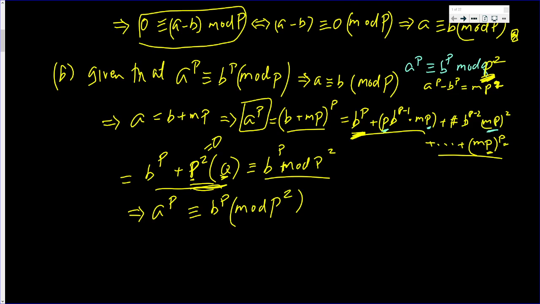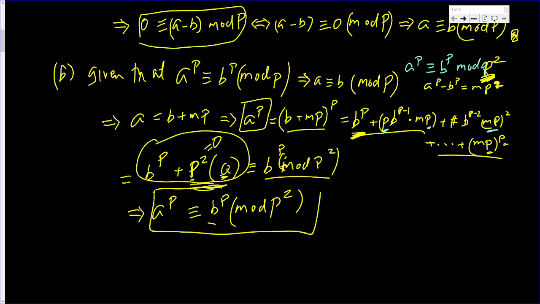P squared is 0 now. I said p was 0, but when it comes to mod p squared, which is what we want, it's 0. And b to the p plus 0 is just b to the p. And this is what we wanted to show, and I did.